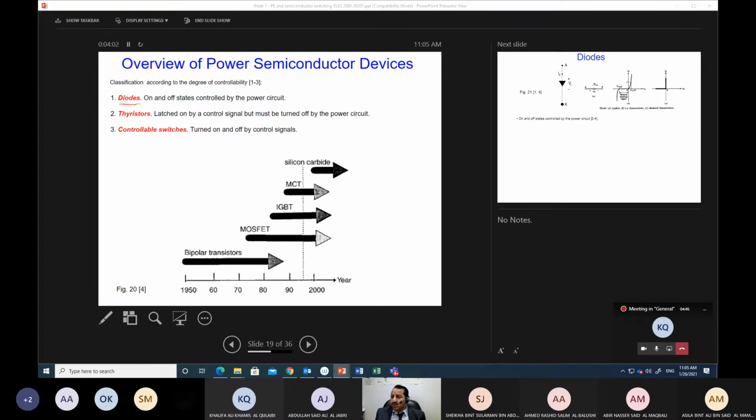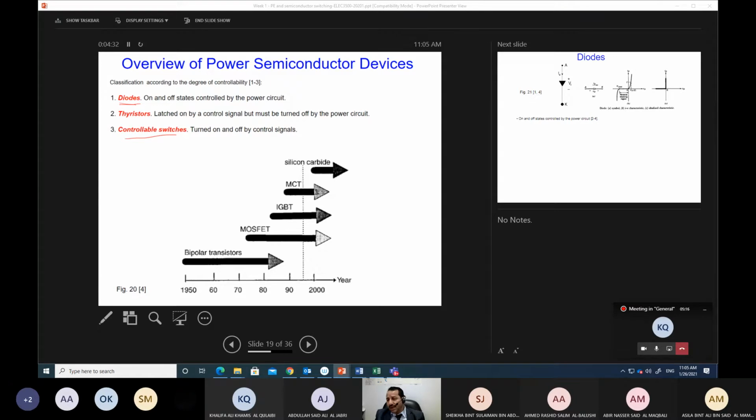Because there is no way to control it. If the voltage is forward bias, it's on. If it's reverse bias, it's off. We cannot control it, so we call it an uncontrolled device. While controlled switches represent the transistor, bipolar junction transistor, field effect transistor, MOSFET, junction field effect transistor, and other types of controlled switches.